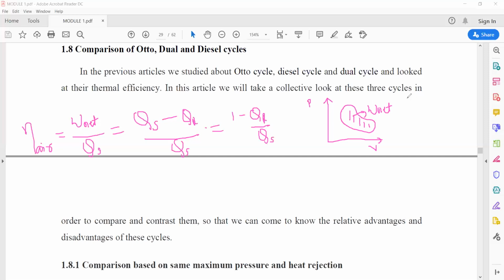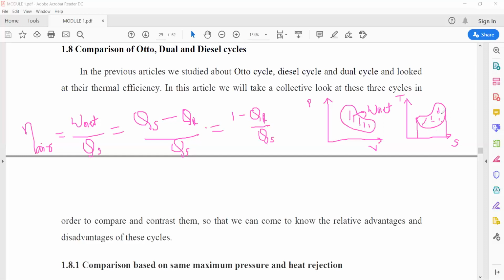Similarly, for the TS diagram, on the x-axis the entropy S and on the y-axis the temperature T. Now the area under this diagram will give you the heat supplied. Say for example, this is the cycle.